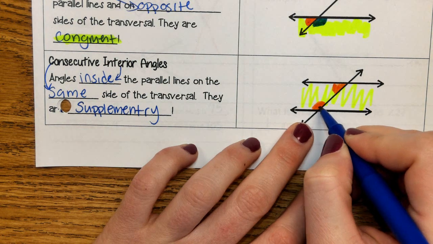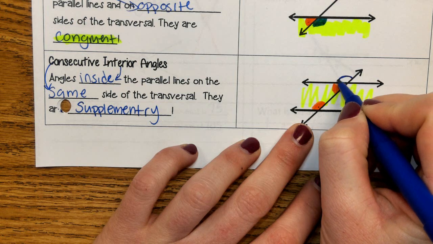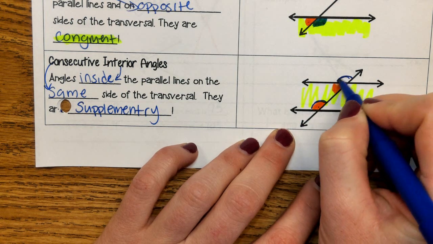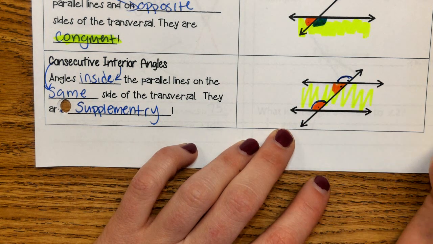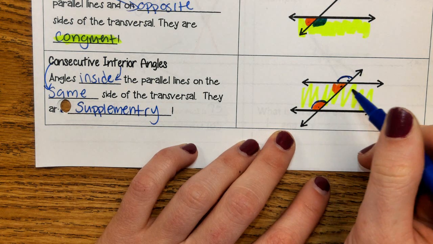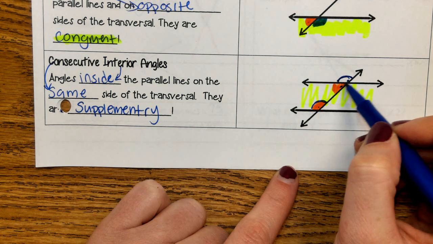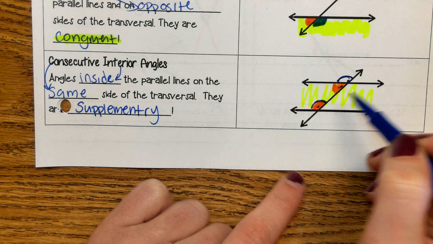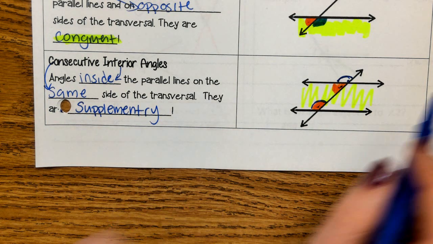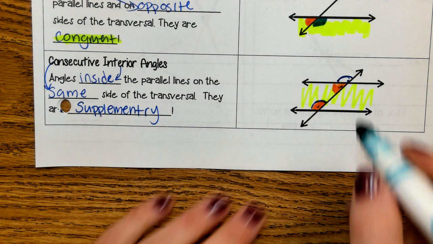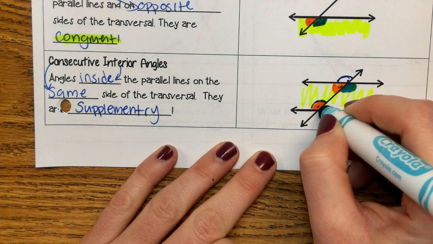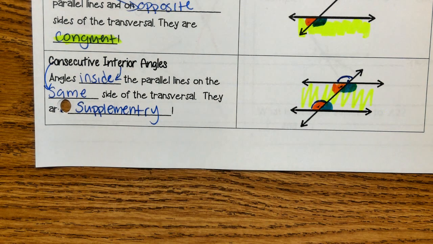Because this big angle is the same as this big angle, they're congruent. These two make a straight line. So if these make a straight line, these would make a straight line. They're supplementary. They add up to 180. These two angles, one big, one little, add up to 180.